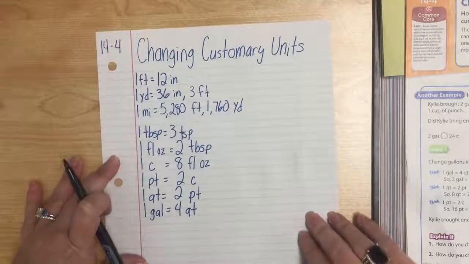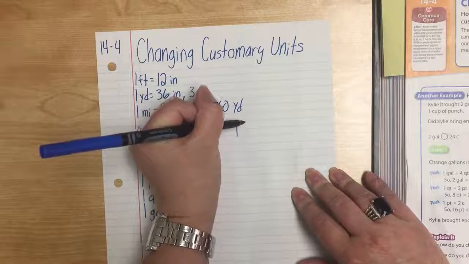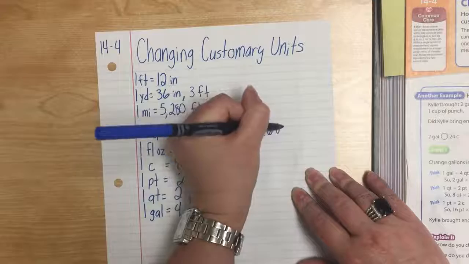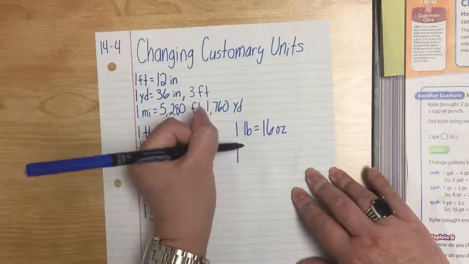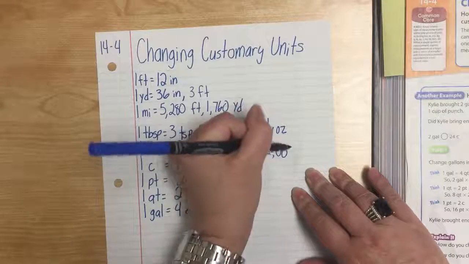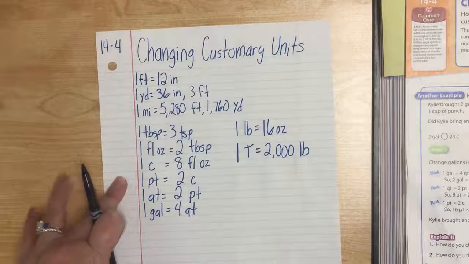And then you need to know that 1 pound is 16 ounces. And that 1 ton is 2,000 pounds. Ton is a lot.